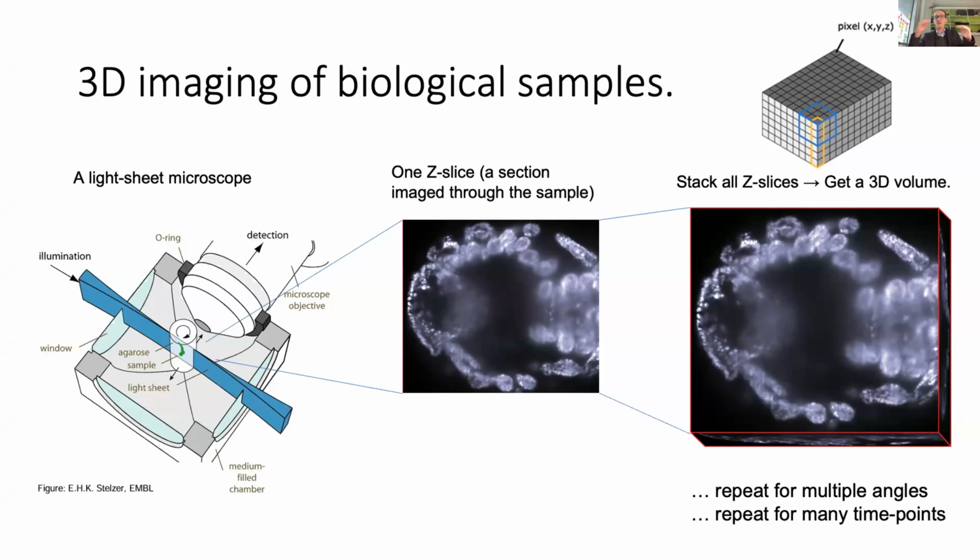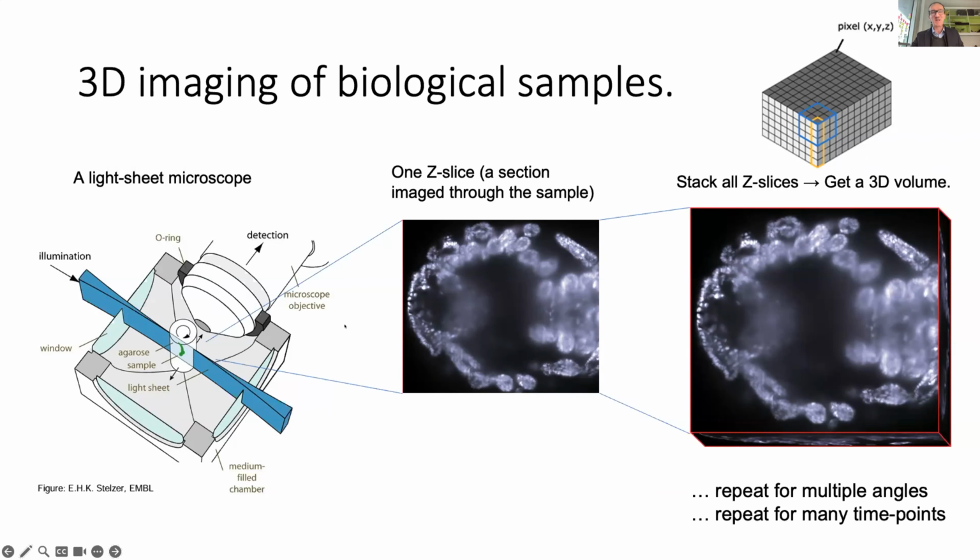If you want to build a 3D representation of your sample, what you do is that you simply move the sample through the light sheet. You generate a series of Z slices that you can stack to generate a 3D view. Now, in our case, I insist, this is a true 3D view. That's not a 2D image of a 3D scene. That's a 3D image where the array of pixels that you have is 3D, right?